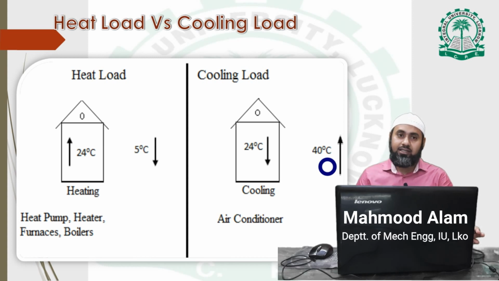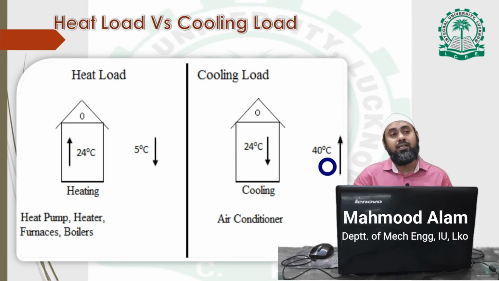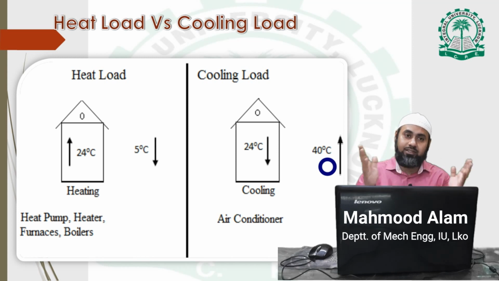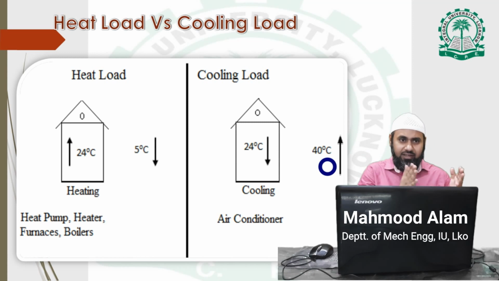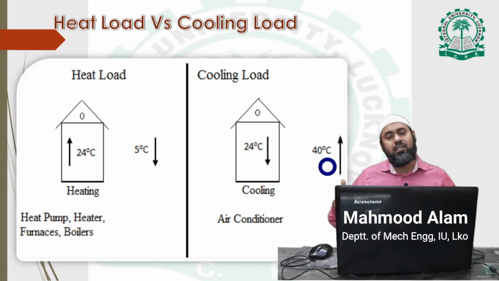For that, we have an air conditioner. What is the role of the air conditioner? It simply provides a refrigeration effect that removes the heat from that space and provides cooling. This is the simple difference between heat load and cooling load. Although in our area, the term heat load is very common, and for all purposes we generally use the word heat load.